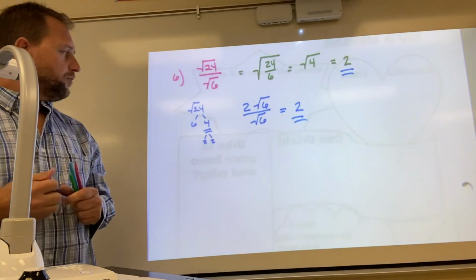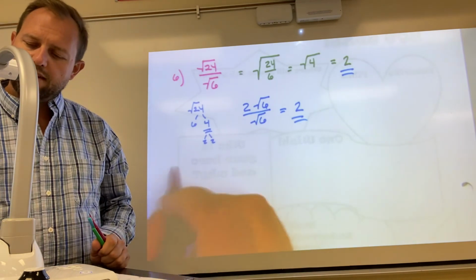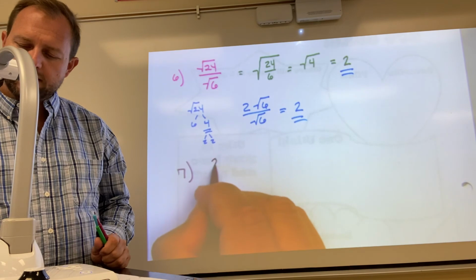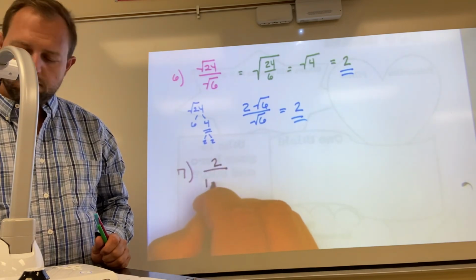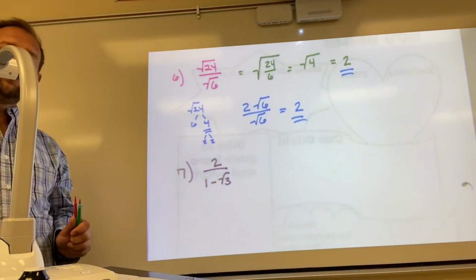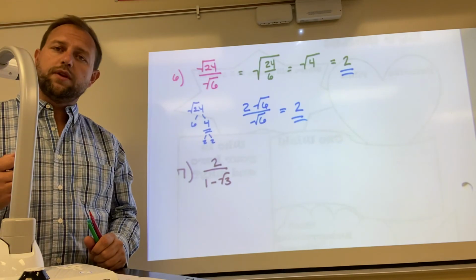The last thing to remember when simplifying radicals is sometimes we would have a radical in the denominator, but it wasn't by itself. It was part of a binomial. So 2 divided by 1 minus root 3.